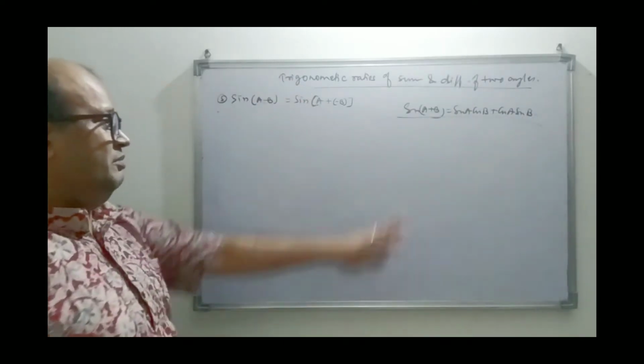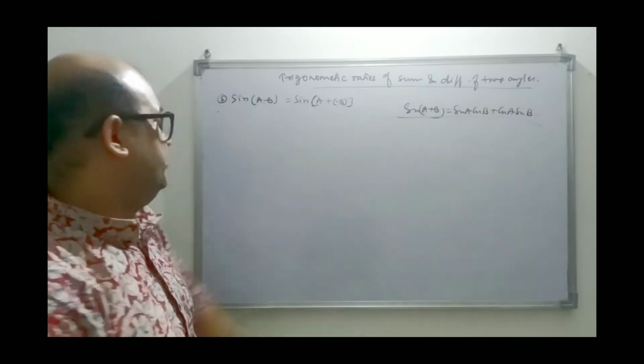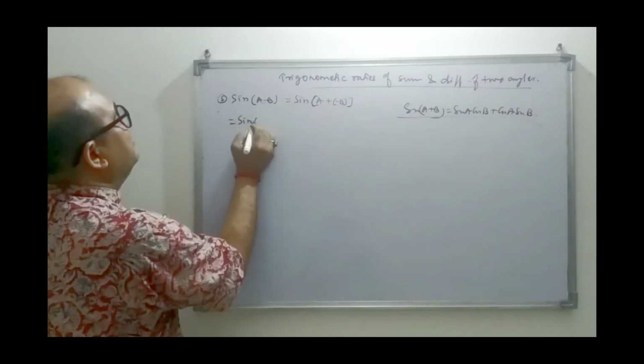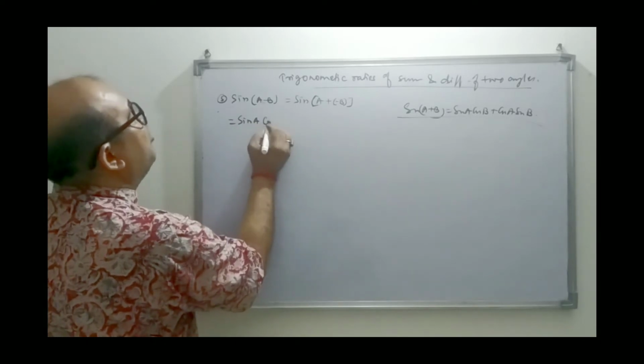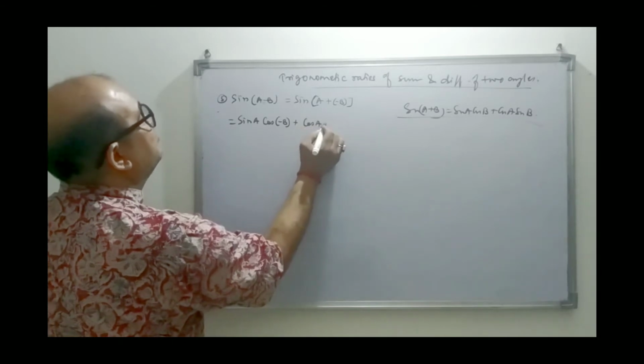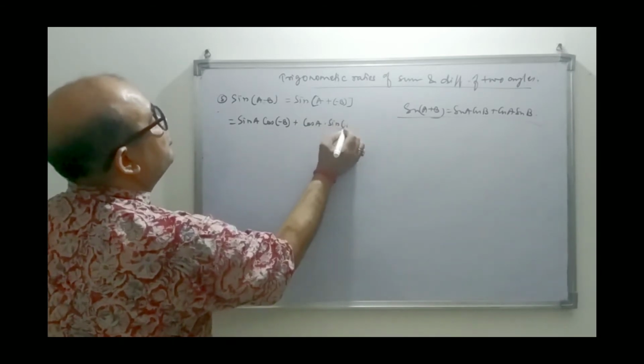I told you to remember this identity and cos A plus B. Put here: sin A into cos minus B plus cos A into sin minus B.